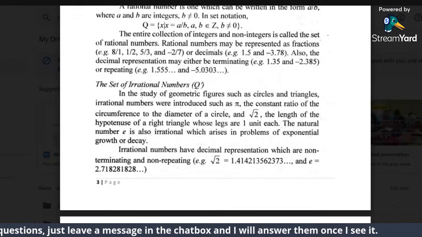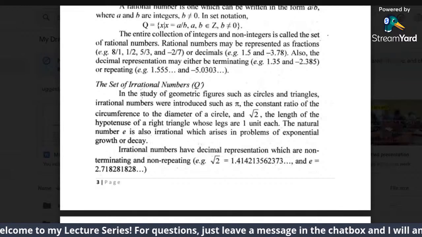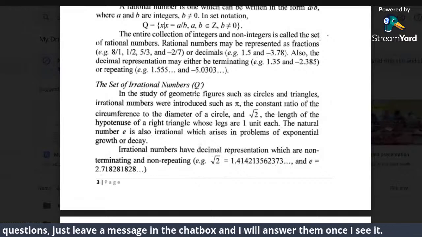And you can see that by extracting the square root of 2, square root of 3, square root of 5, 7, and so on, just like what I mentioned earlier. And of course, that would include the natural number e, and pi. You see pi is a non-repeating and non-terminating decimal number. So those are examples of irrational numbers.